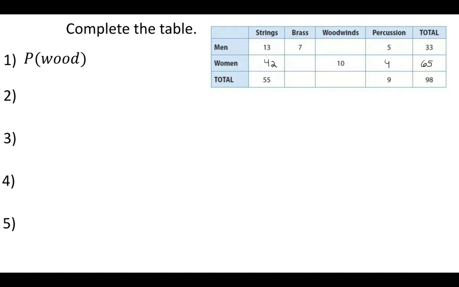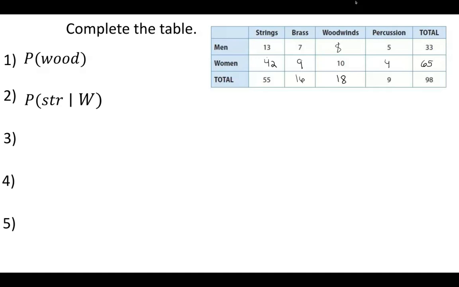And let's see, that would give you 56, so it'd be 9. We then could add down the brass, 7 and 9 is 16. We then could add all the way across: 55 plus 16 plus 9 is 98. So we just do 98 minus those. And that gives us 18, which means we now know the top woodwinds, which would be 8.